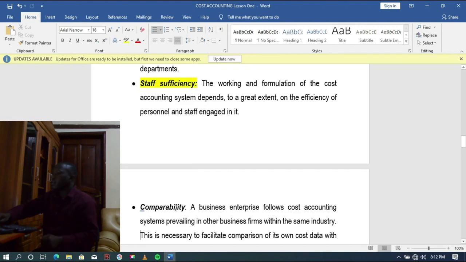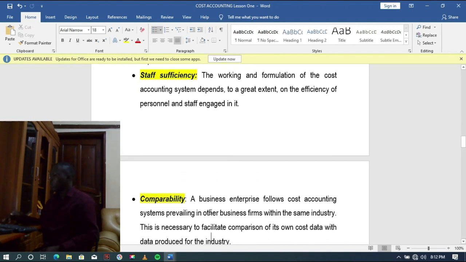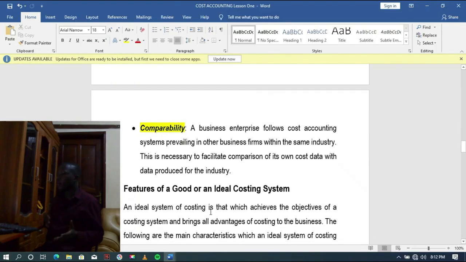Then another factor is comparability. The system that you develop should be able to compare the business enterprise in different years. For example, you should have data for 2019, 2020 and maybe 2021 for comparison purposes, to compare how the business has been incurring its costs, or the trend of costs within different years.